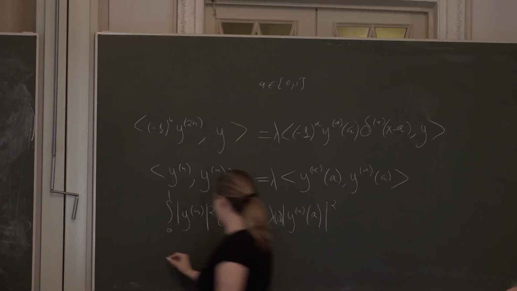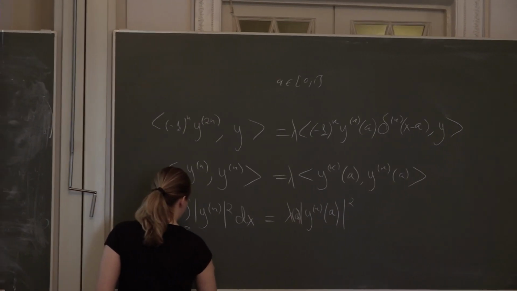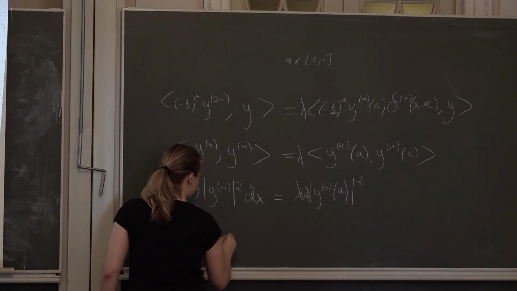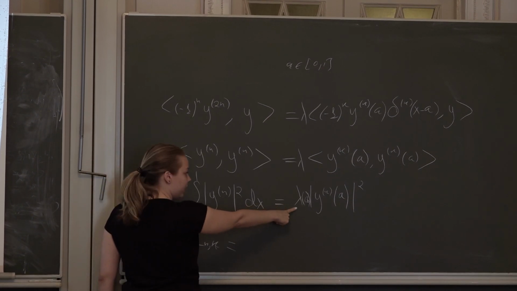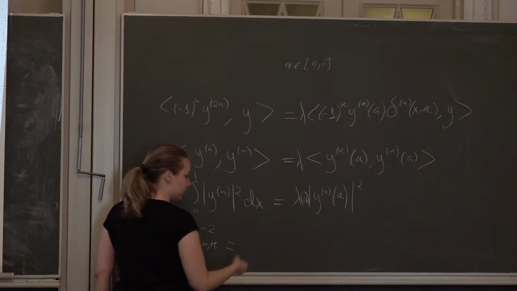And lambda_nk means it's the minimal possible eigenvalue in this problem.